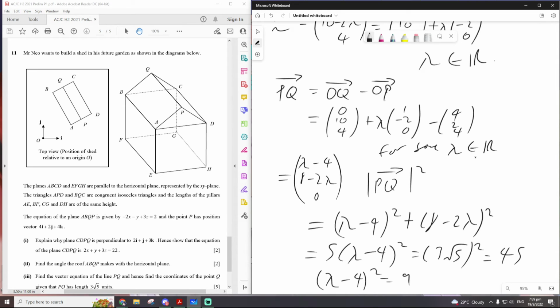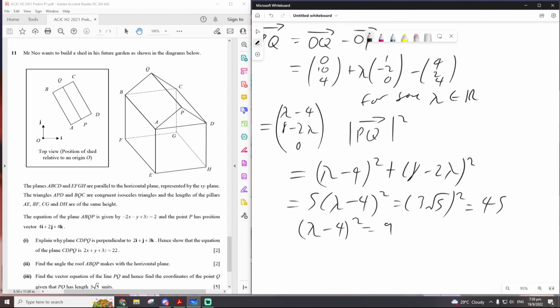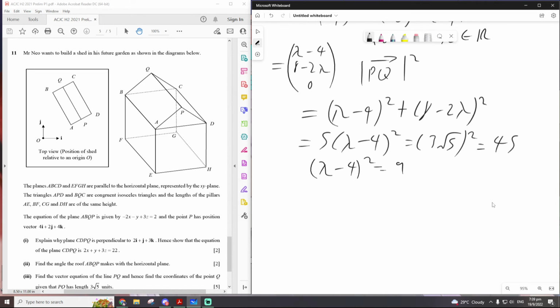So that's to say lambda minus 4 squared equals 9. Then you can go ahead and find what the values of lambda are. Lambda is going to be 4 plus minus 3.